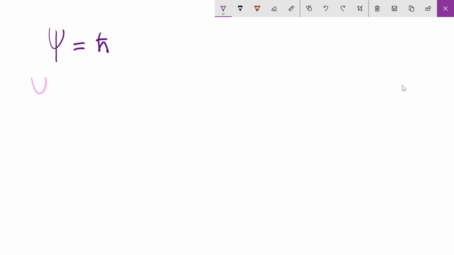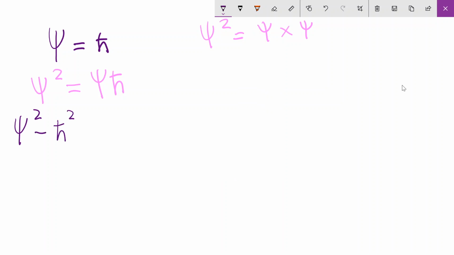Let's do pink. Psi squared equals psi times h bar because of that. Alright, so therefore psi squared equals psi times h bar. Psi squared minus h bar squared equals psi times h bar minus h bar squared. Correct?